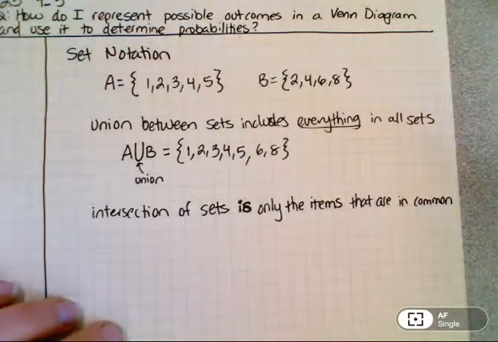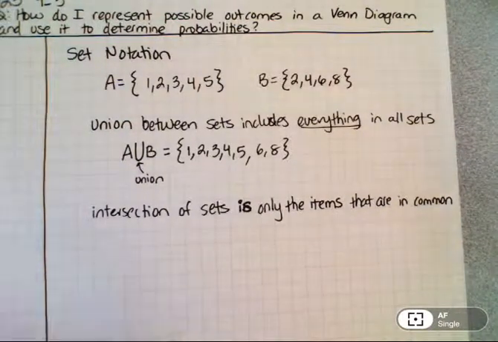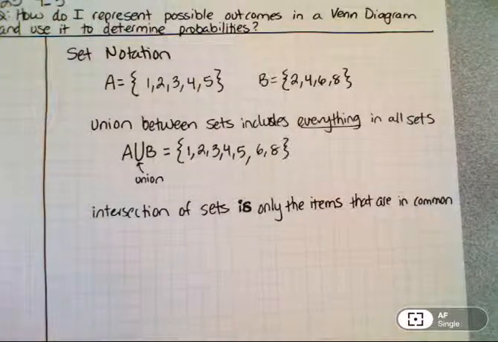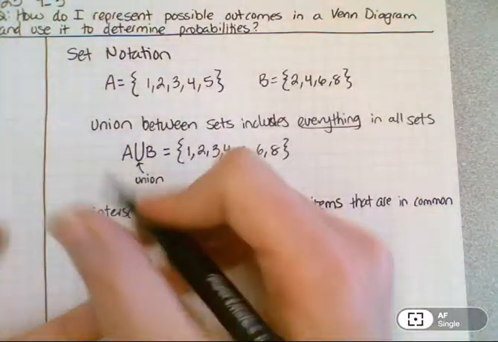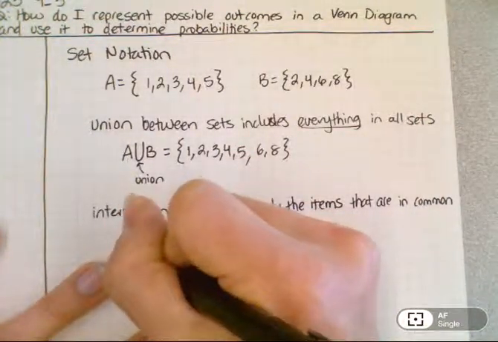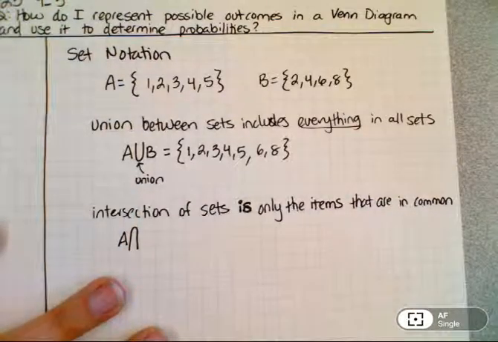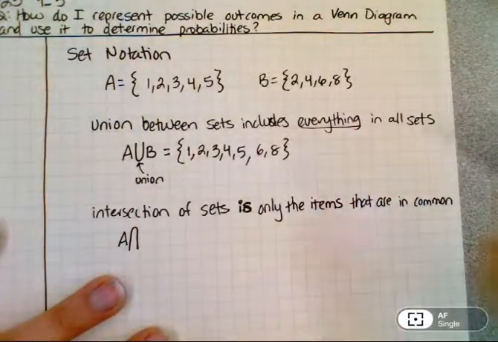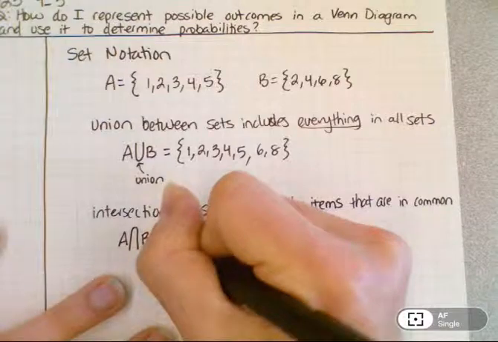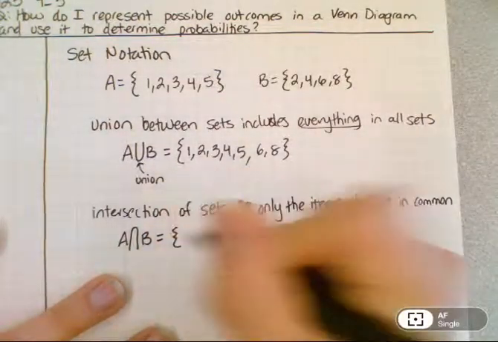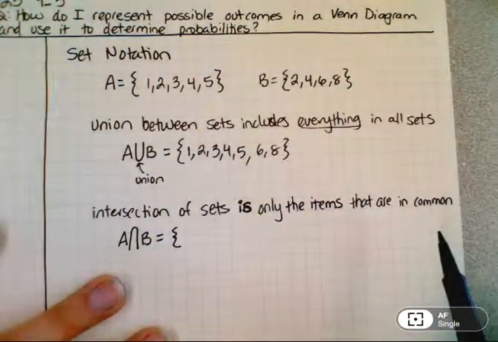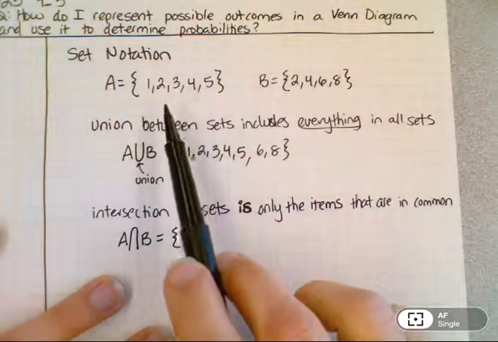So if we're talking about the intersection of A and B, much like when two streets come together, the intersection is the part of the street that's in both streets. And that symbol is an upside down U. The intersection of A and B includes only the items that are in common. So we're looking for items that are in both sets.